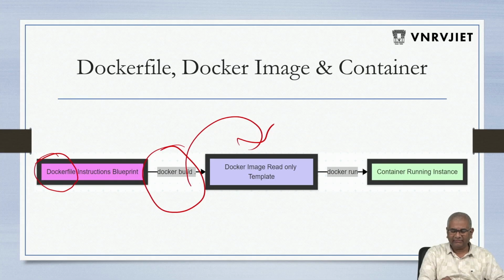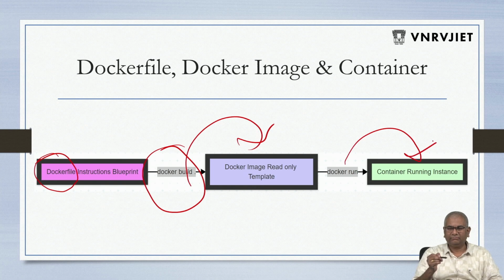Once the image is created, we can see it in Docker Desktop. Now on the image, if you say run, that will run the Docker image and create a container, which is the Docker container.